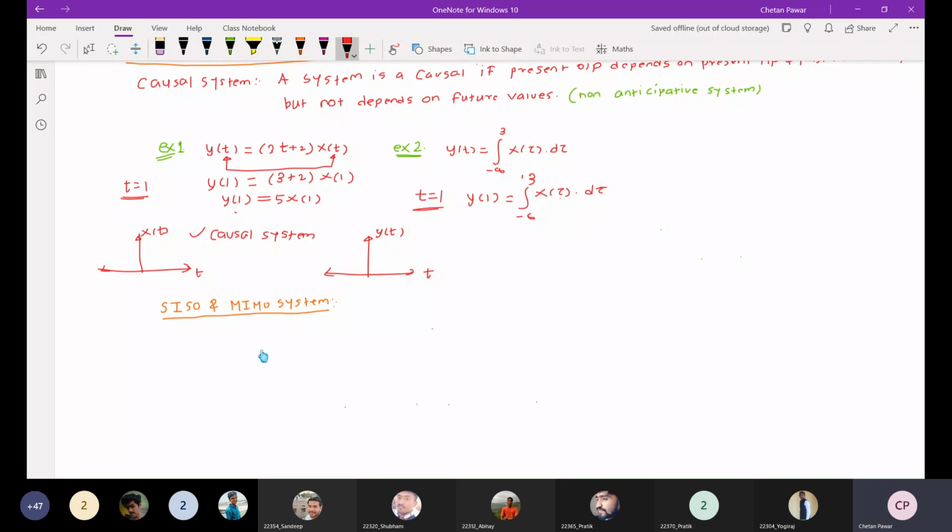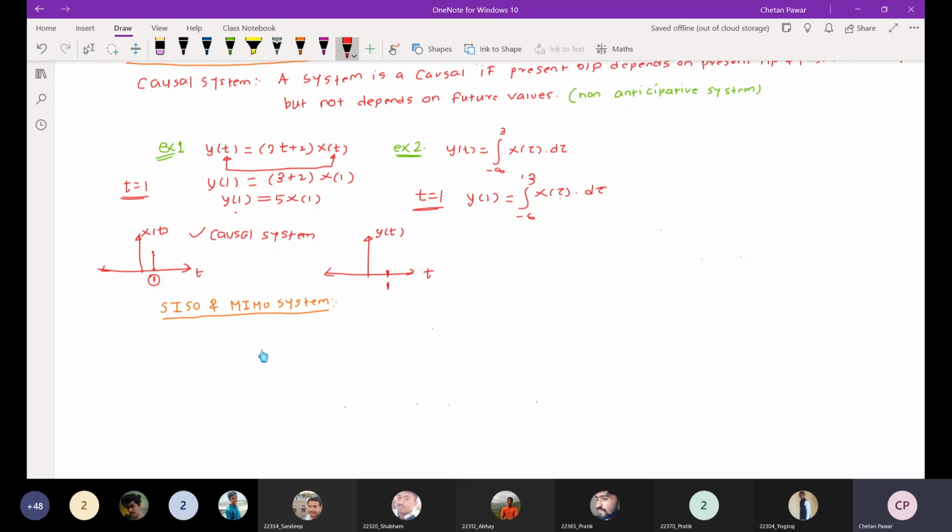Now I want to calculate the value of the output response at time instant 1. If I calculate that value, it depends on the value of the input signal at time instant 1 only. Here only the amplitude gets changed, but the time instant is the same. So the output depends on the present value of the input signal.